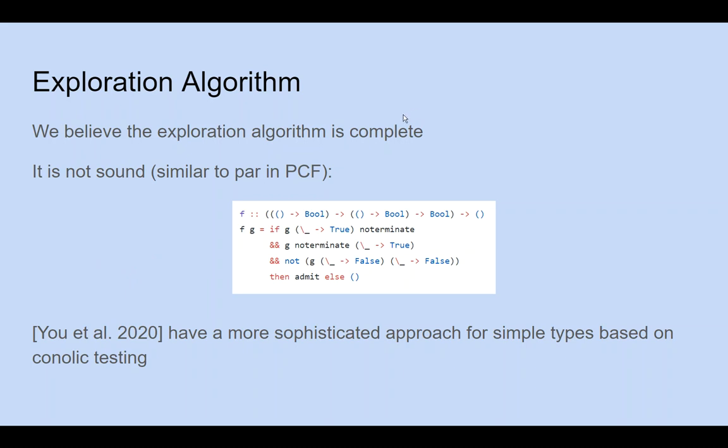We believe this is a complete algorithm in the sense that if there's a way to evaluate to an admit, we'll find it. It's not sound. As an example that it's not sound, if you're familiar with PCF and parallel OR in PCF, this is basically that example translated to our system.